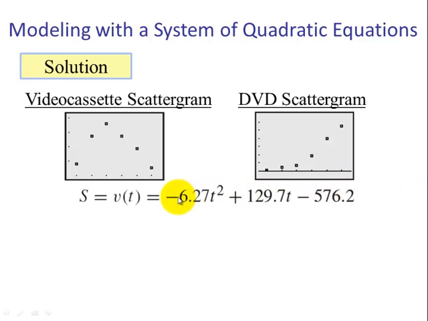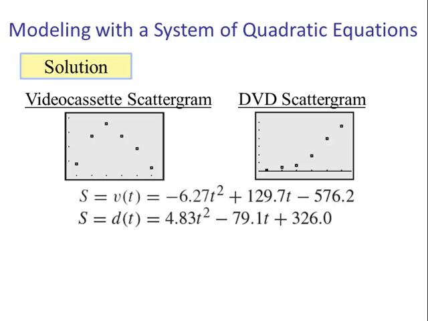So the quadratic model that models this data is negative 6.27 t squared plus 129.7 t minus 576.2. The model for the DVD is 4.83 t squared minus 79.1 t plus 326.